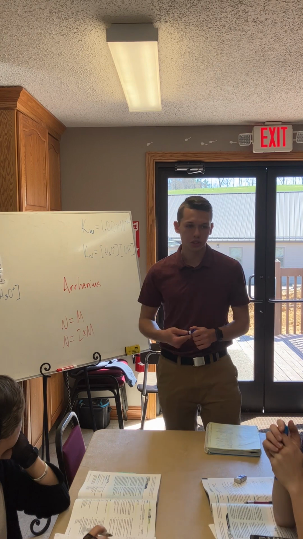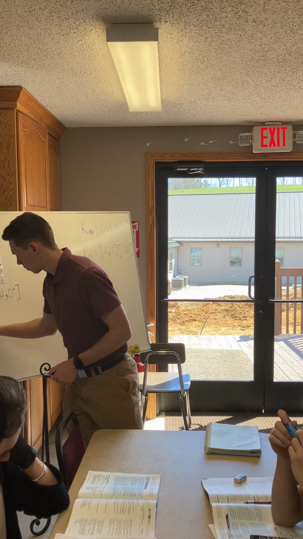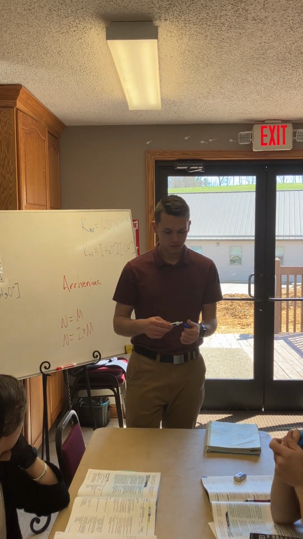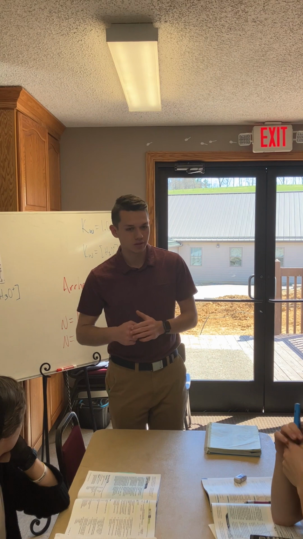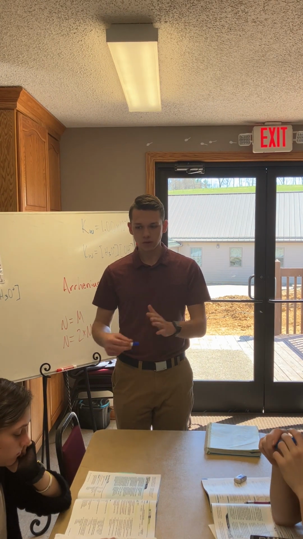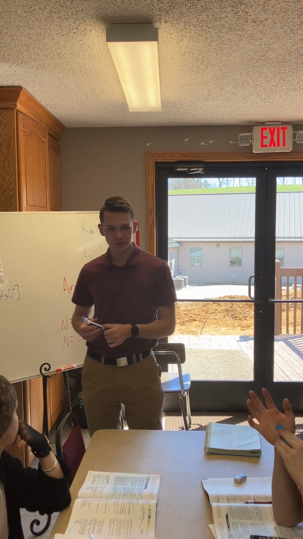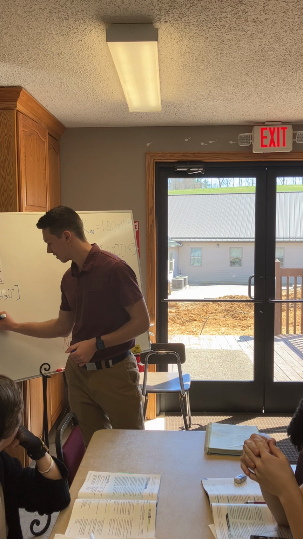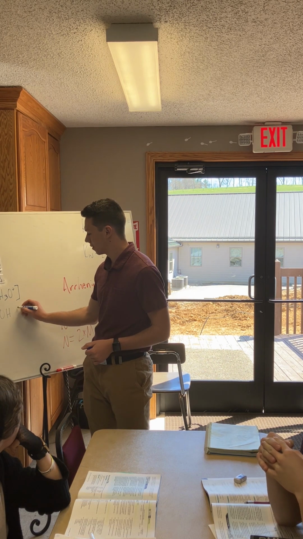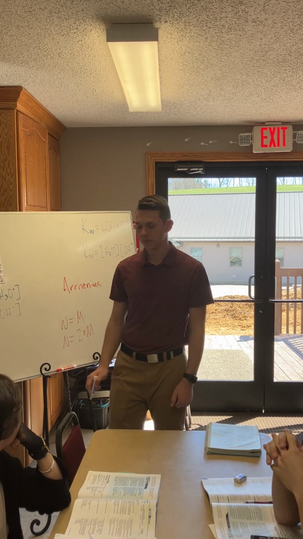What is pOH? It's kind of like pH, but a little bit different. Is it the negative logarithm of hydroxide? Yes, it's just the other one. That's why it's OH.